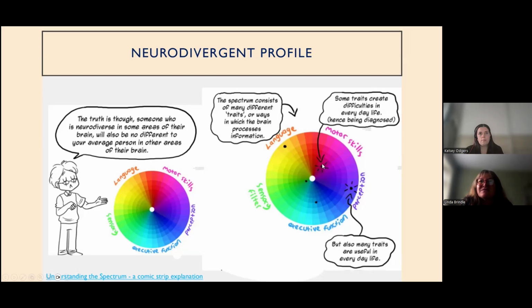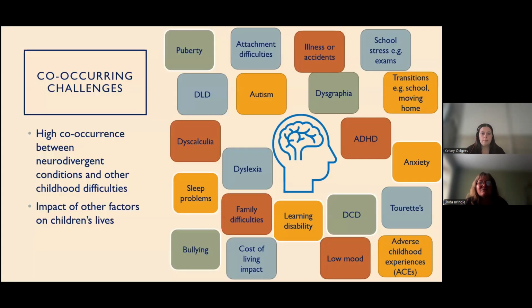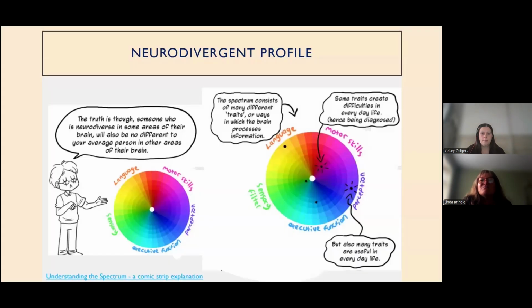You can see that dot closer into the middle of the circle for motor skills, and even more so, their sensory filter may mean that they really struggle with sensory sensitivities, such as noise, light, smells, all sorts of other ways in which their senses mean they are impacted by things around them. So this spiky profile is a really good example of highlighting how important it is to share with people the different ways in which neurodivergent young people might present at different times.